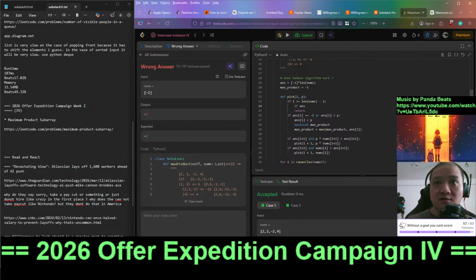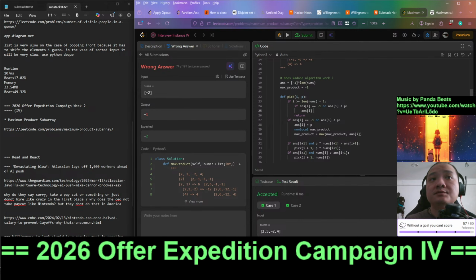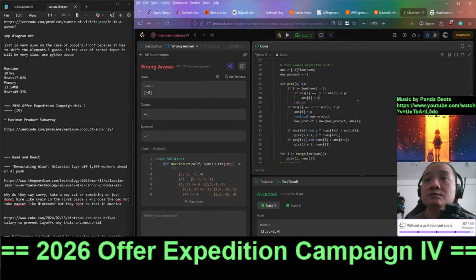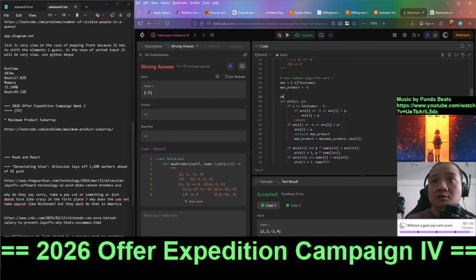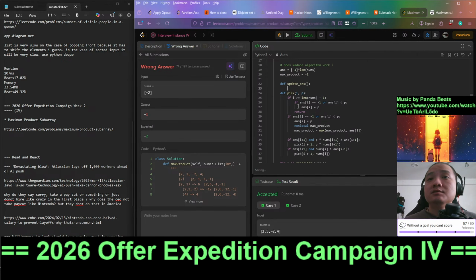If, right, here, right? So let's load a function, update, and say saying of IP, right?